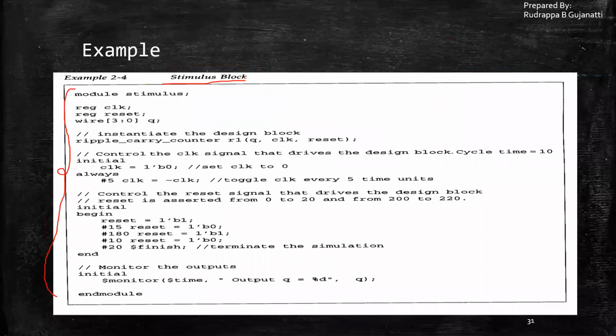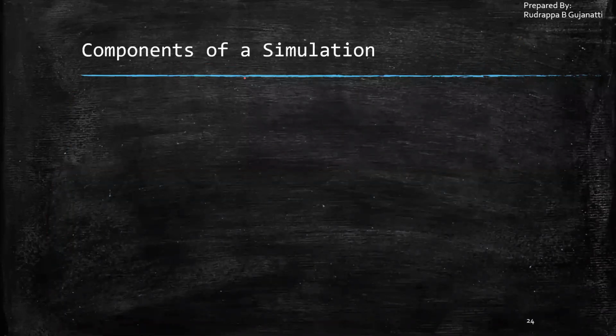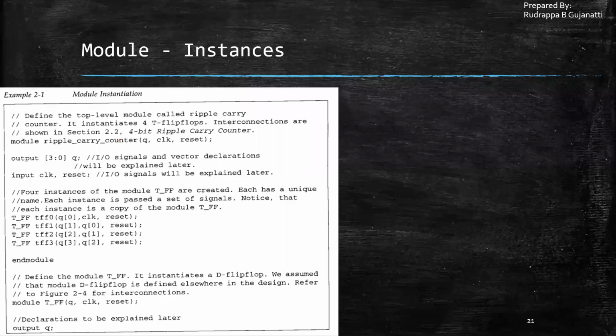So here, the stimulus block is creating an instance of the design block. What is a design block? In previous cases you might have seen, if you just go back, here, ripple carry counter is the design block.